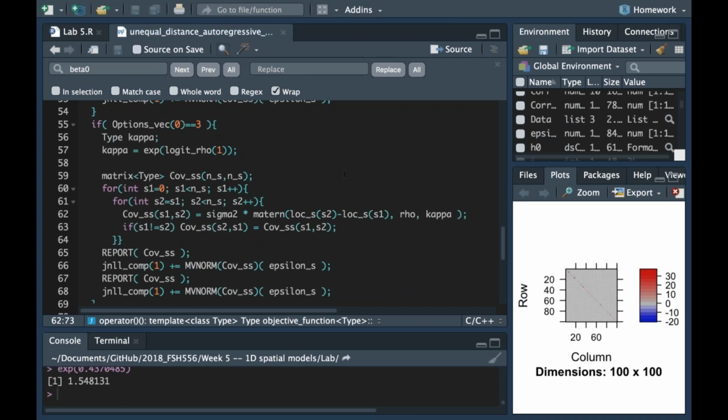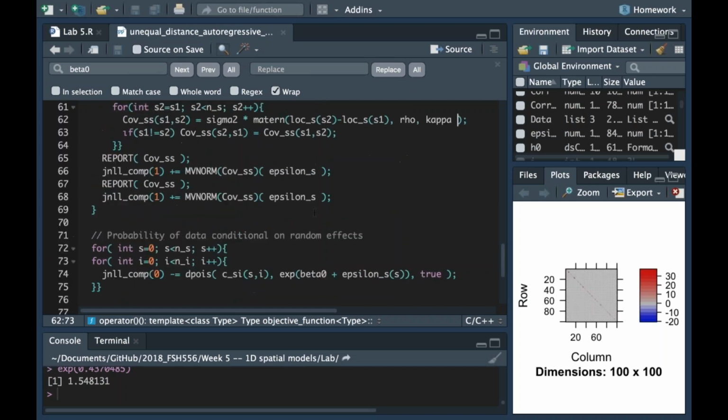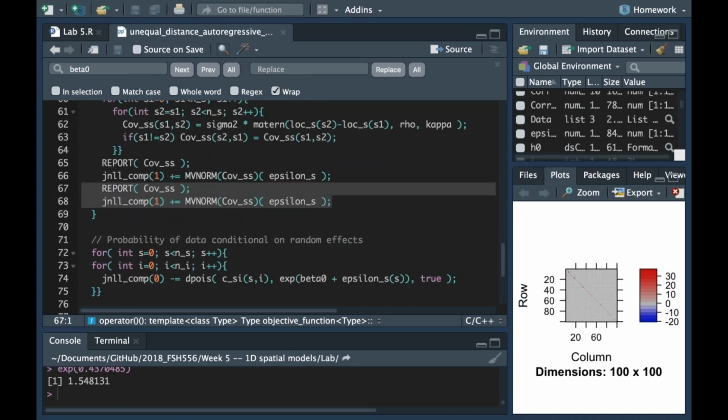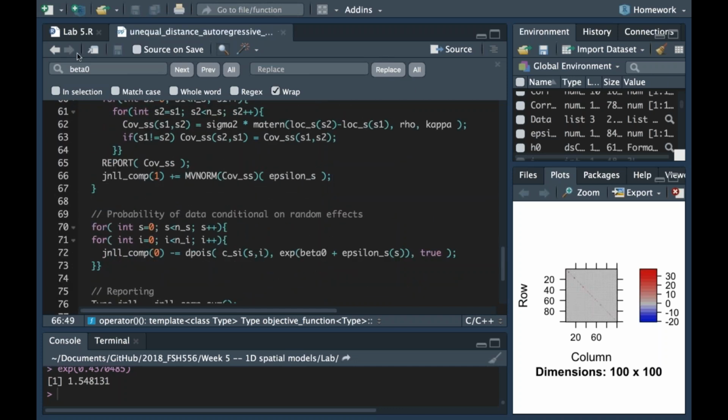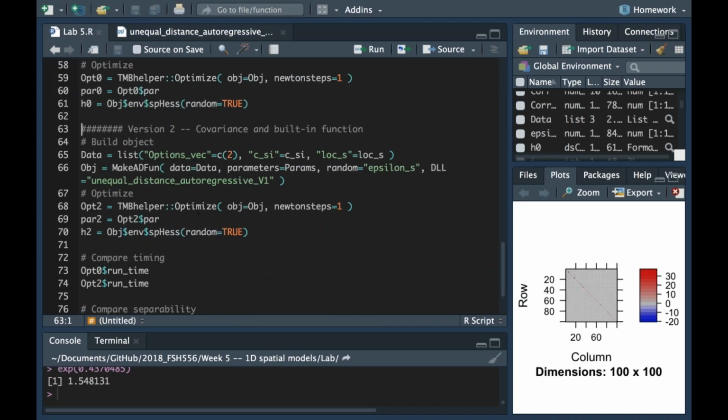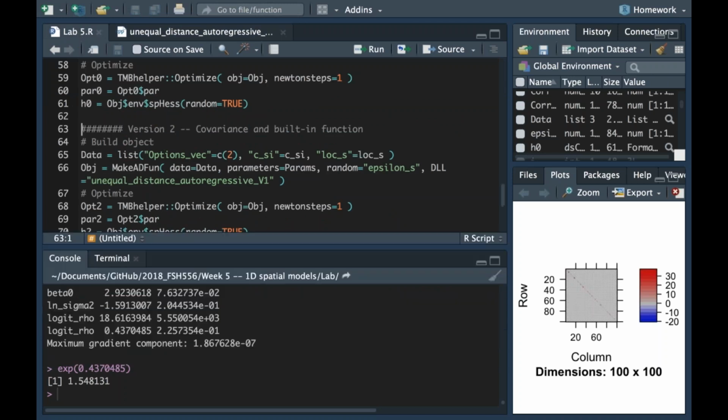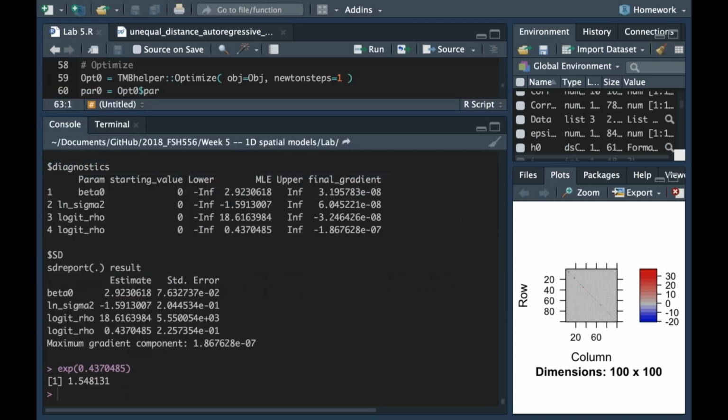And so you ran it, and you got output displayed in your terminal or console. The opt. So now logit rho has length 2.